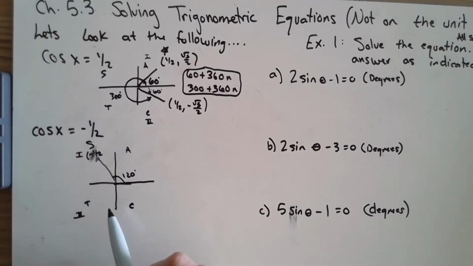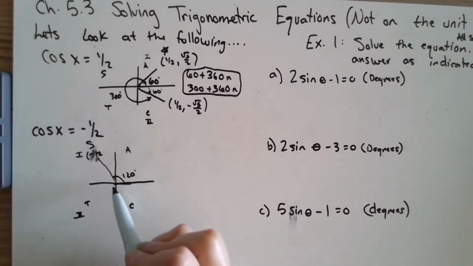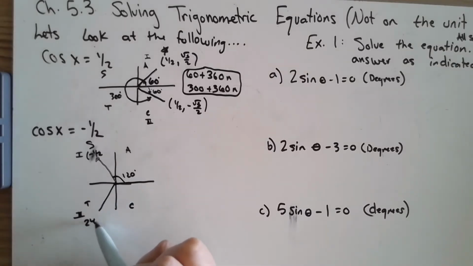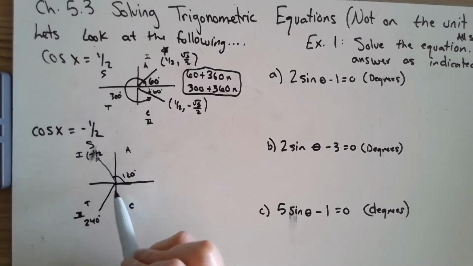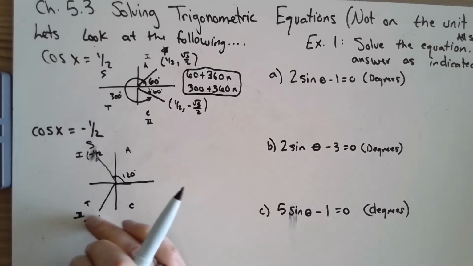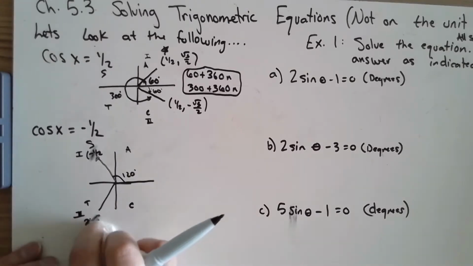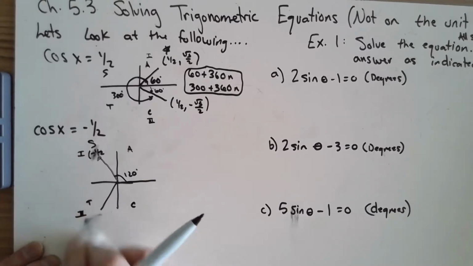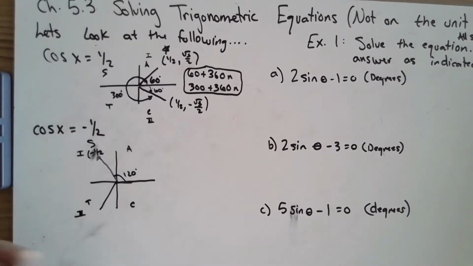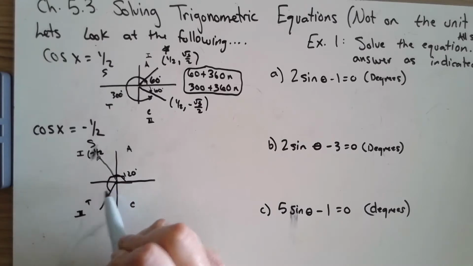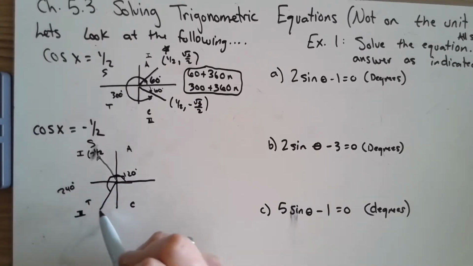And in quadrant 3, it is 240 degrees. So that's also where cosine is negative 1/2.